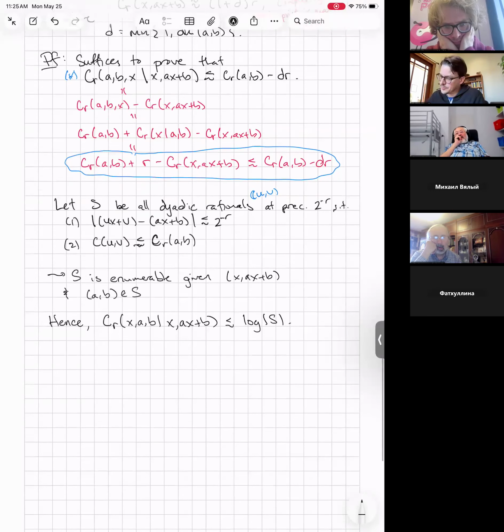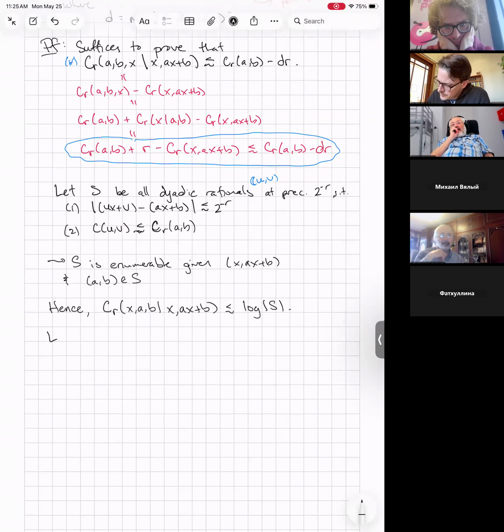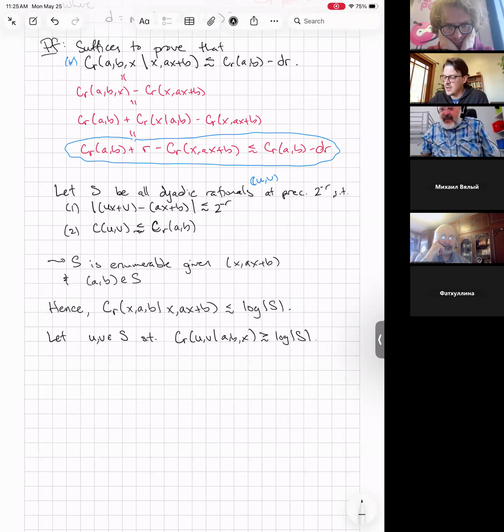Now let u, v be in S such that the complexity of u, v given a, b, and given x is at least log of the cardinality of S. So choose one from this set randomly.